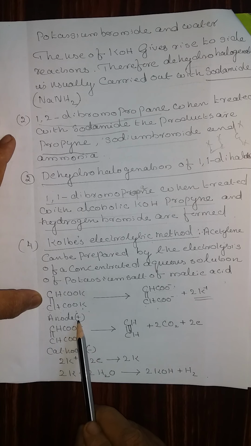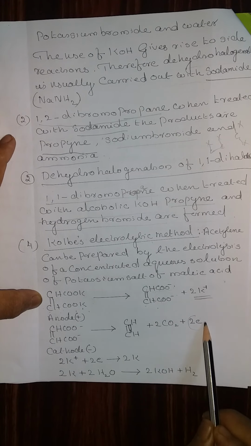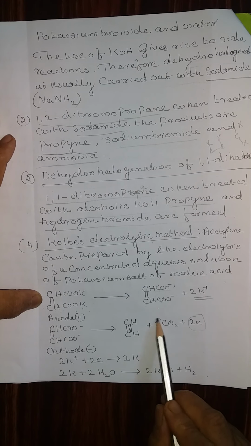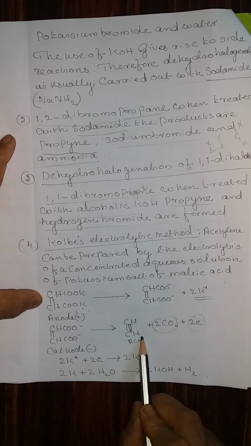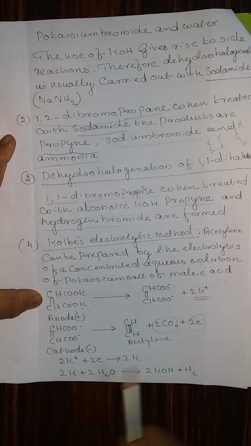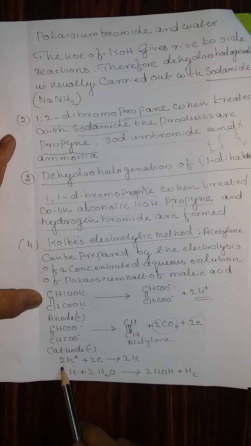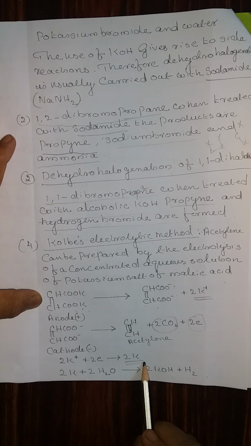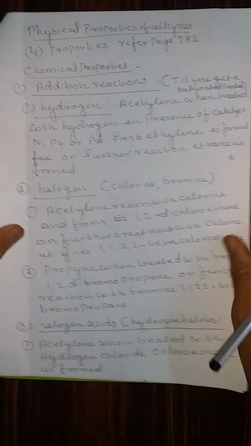The negative ion goes to the anode and gives up the excess electron. 2 molecules of carbon dioxide and acetylene are formed. Now at the cathode, which is negative, the positive ions go, accept an electron and get converted into potassium. Potassium is highly reactive. It reacts with water and forms potassium hydroxide and hydrogen.